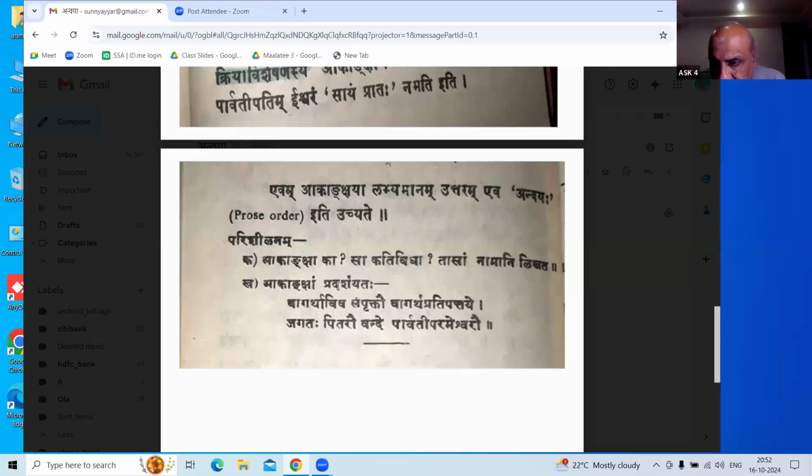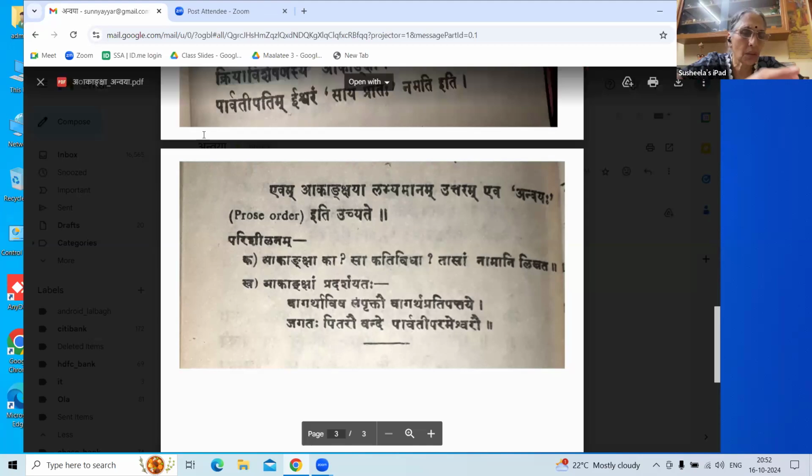Can somebody quickly look up Vedase? I think Vedase means revered, like the Vedas. It's not short, it's a long vowel, Vedase.